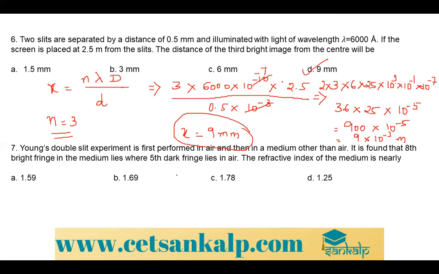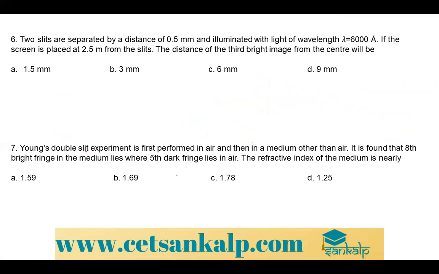Okay, I'll erase that. Why? Because we need space for the next problem. So Young's double slit experiment is first performed in air and then in medium. It is found that the eighth bright fringe in the medium lies where the fifth dark fringe lies in air, so I can say the distance is equal.